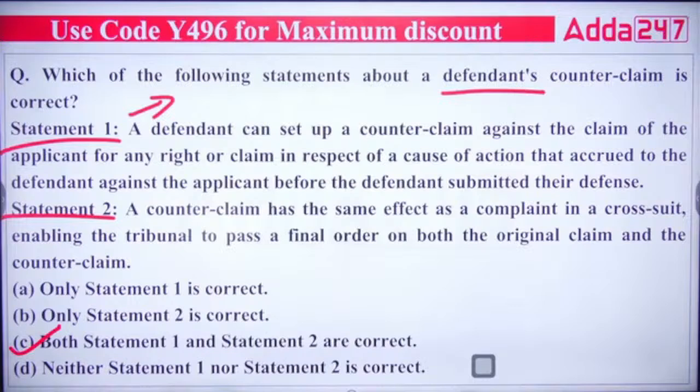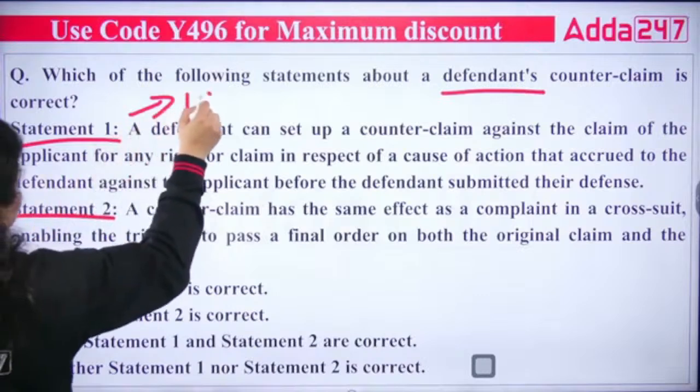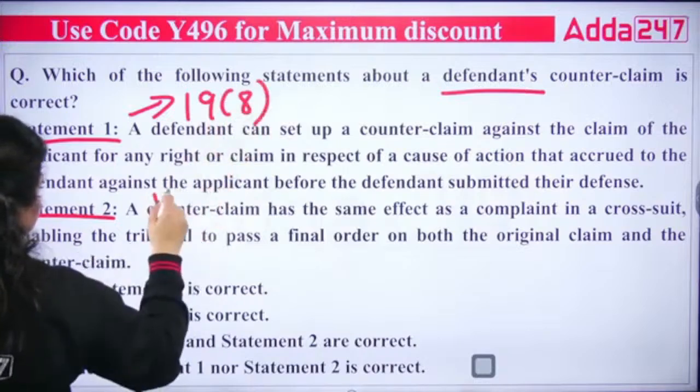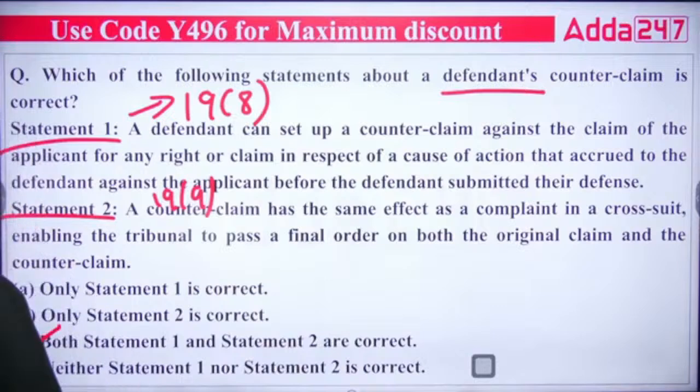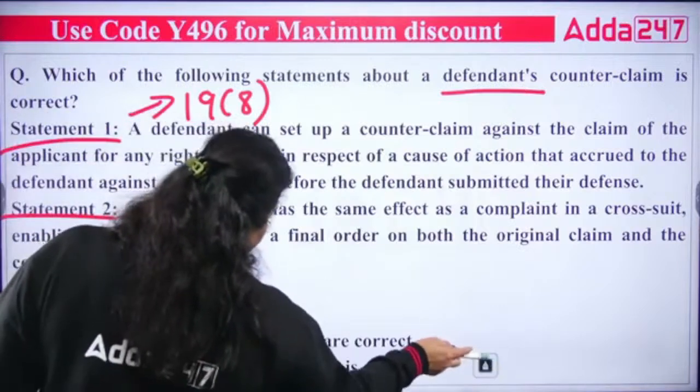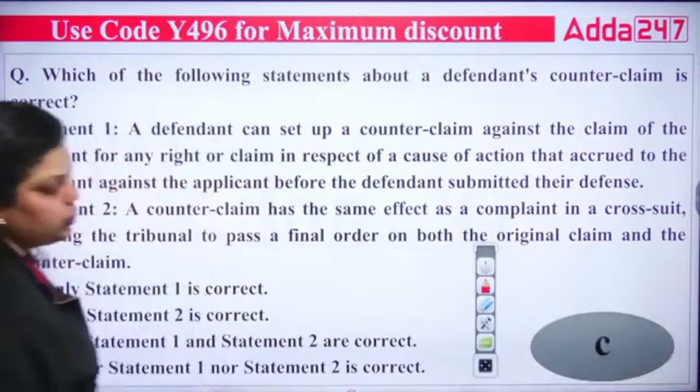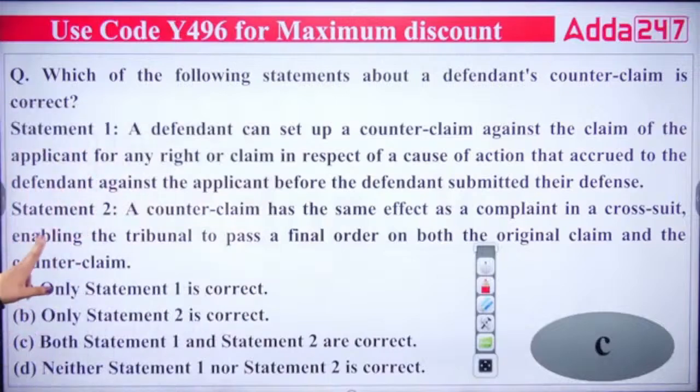And the second statement is also correct, that the counter claim has the same effect as what? As the complaint in a cross suit. This is also true. It means this is defined under section 19(8) and this is defined under section 19(9). So the right answer will be both statements 1 and 2 are correct. So the right answer will be C.